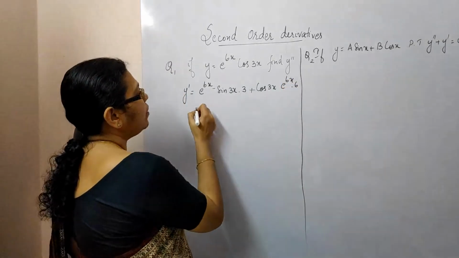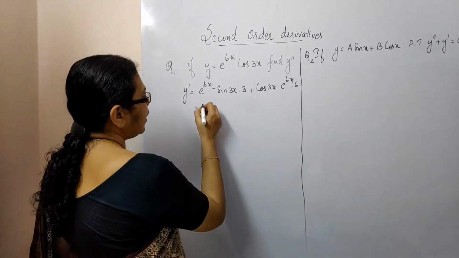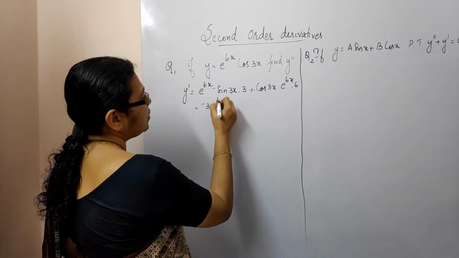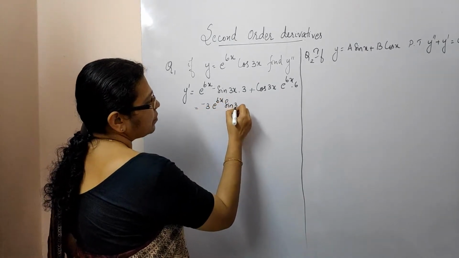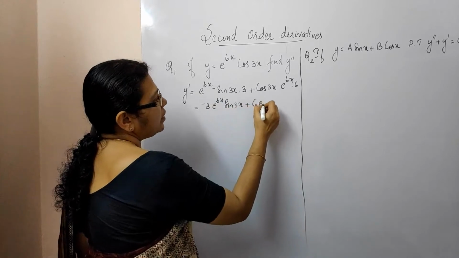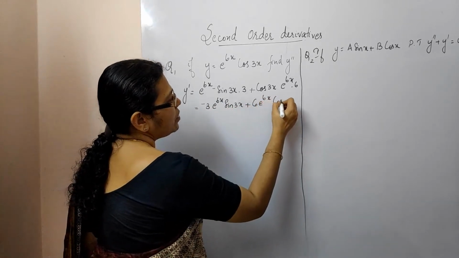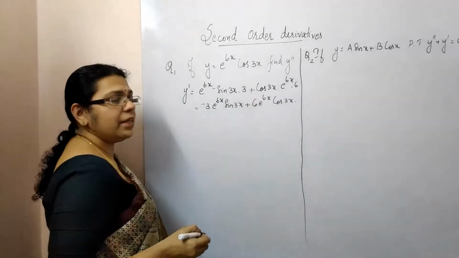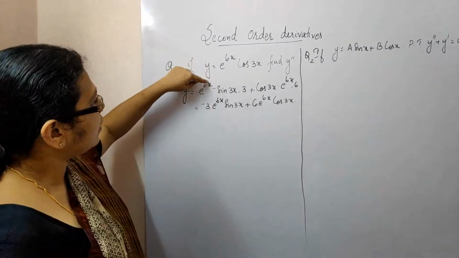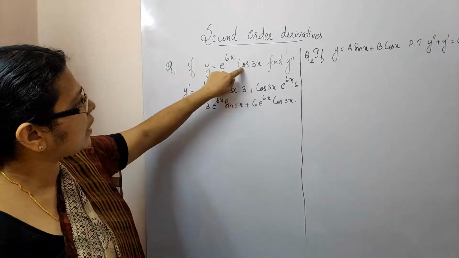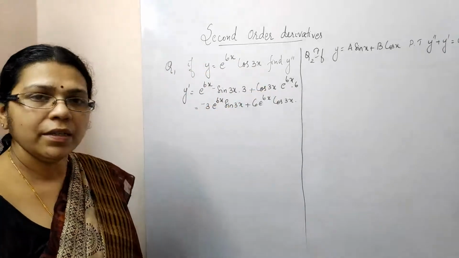Now I can write this as minus 3 into e raised to 6x into sin 3x, plus 6 into e raised to 6x into cos 3x. Fine. So this is first function into derivative of the second plus second function into derivative of the first.